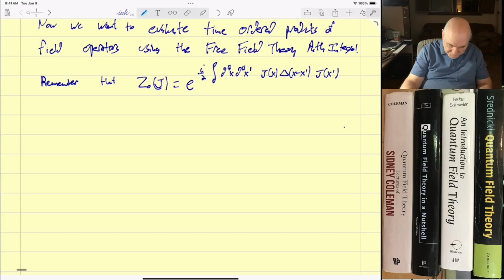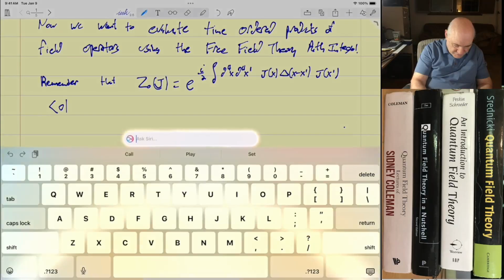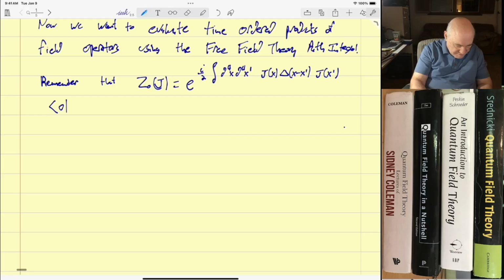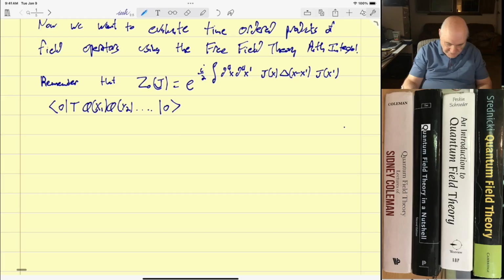And we're trying to calculate time ordered products of field operators between the vacuum.